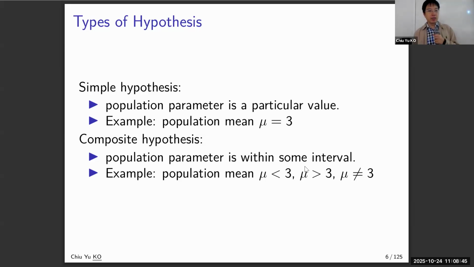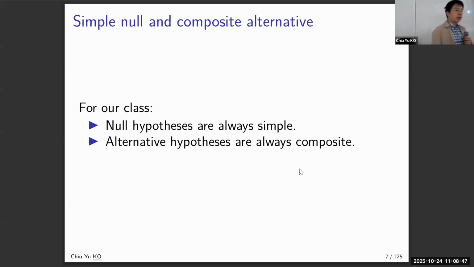So why do we do that? It will be immediately clear. Because for our class, and actually for many other undergraduate classes, we will assume the following. Null is always simple. Alternative is always composite.